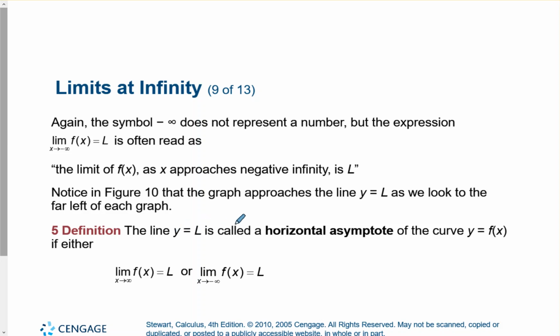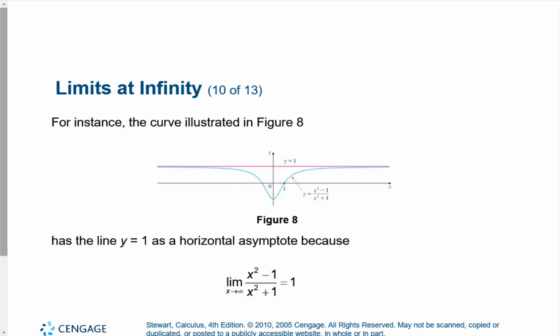The line y equals L is called a horizontal asymptote of the curve y equals f of x if either the limit as x approaches infinity of f of x equals L, or the limit as x approaches negative infinity of f of x also equals L. And we discussed that y equals 1 is the horizontal asymptote for this function.